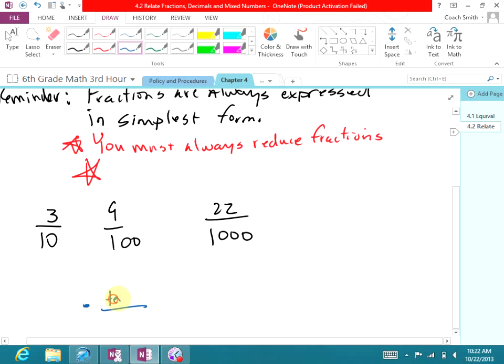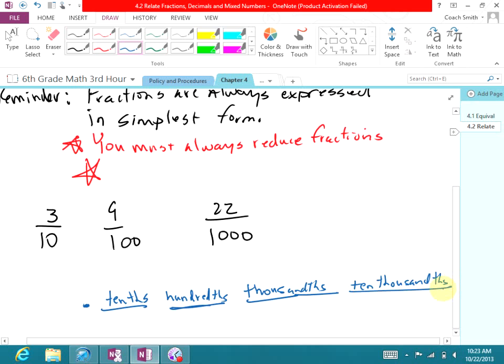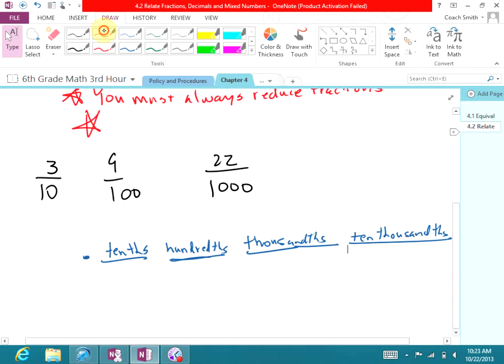First place value is the tenths. Second place value is the hundredths. Okay, third place value is the thousandths. Fourth one is the 10,000ths. Okay, and if we think of fractions for each of those, this is 1 over 10, 1 over 100, 1 over 1,000, and 1 over 10,000.